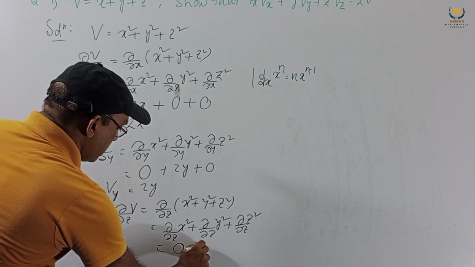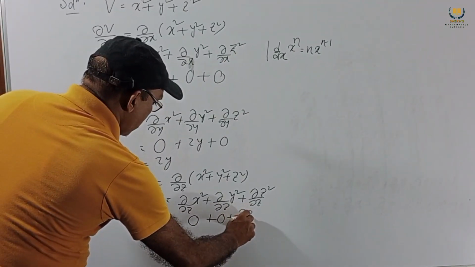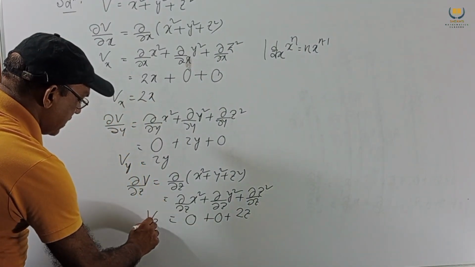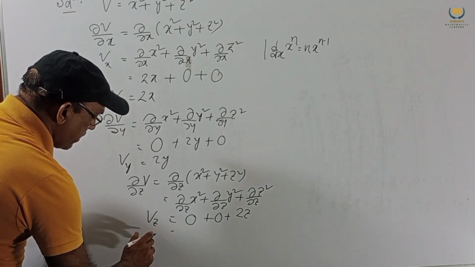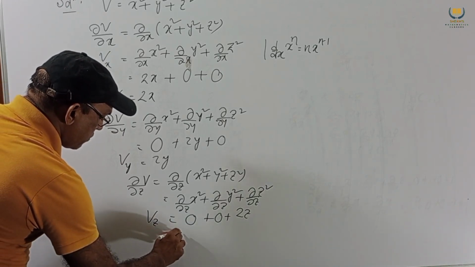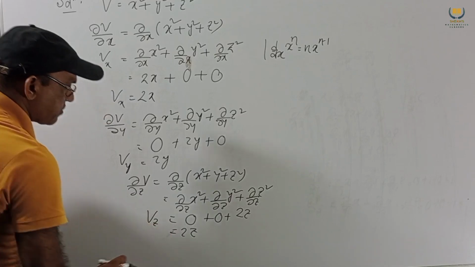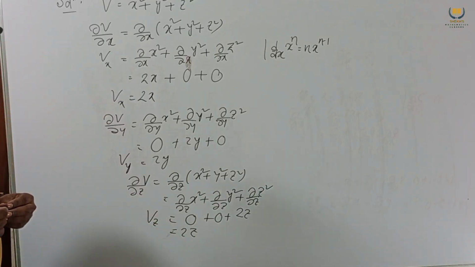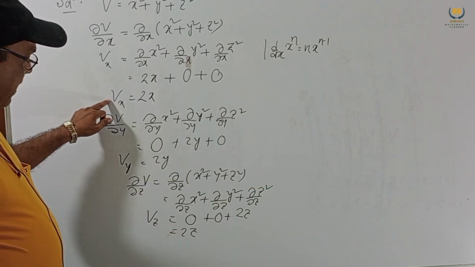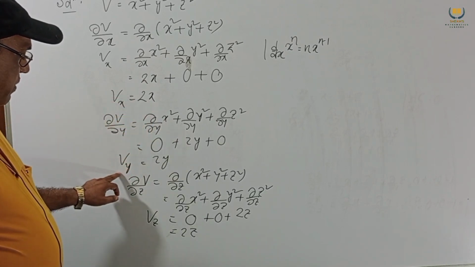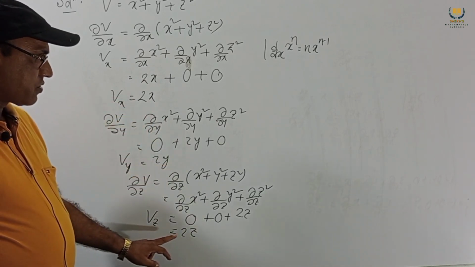This is 0, 0, this one twice z, and we get Vz equal to 2z. So these are the values of Vx means twice x, Vy means twice y, Vz means twice z.